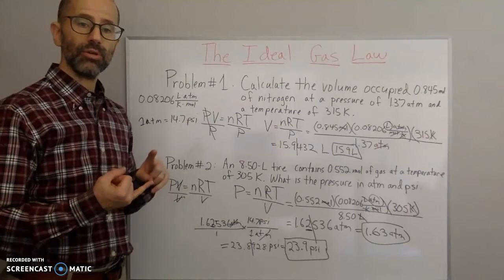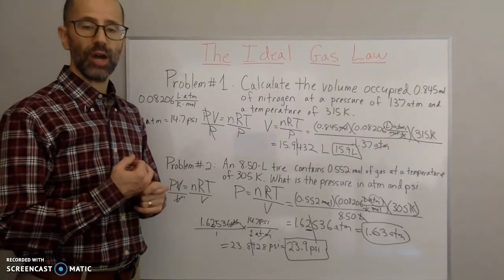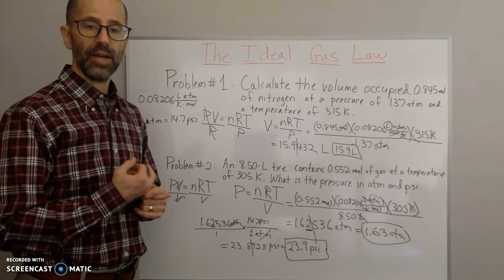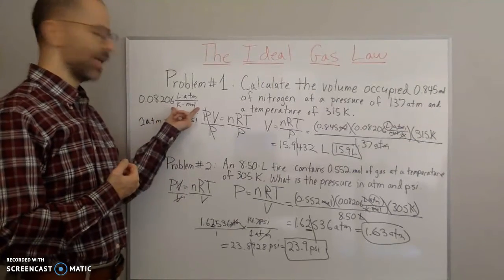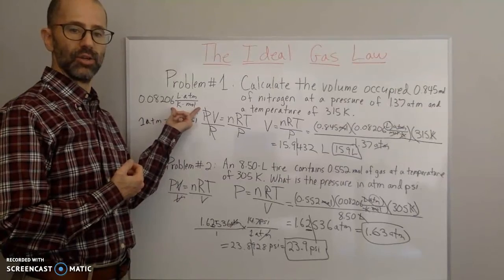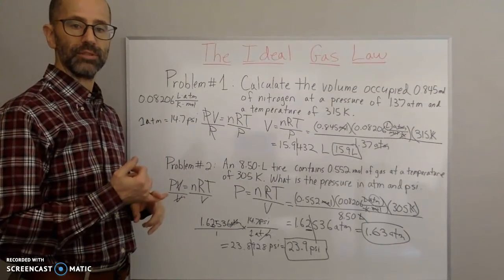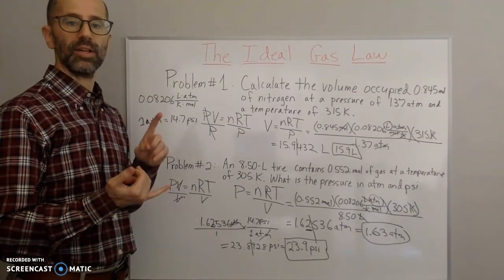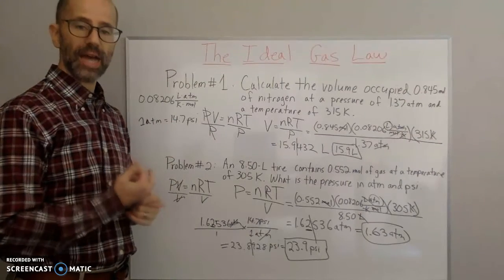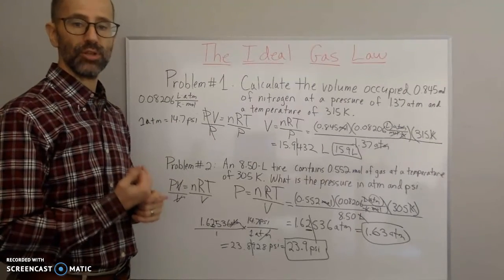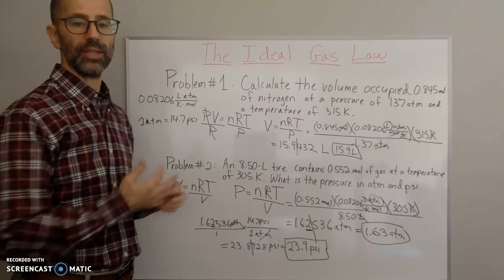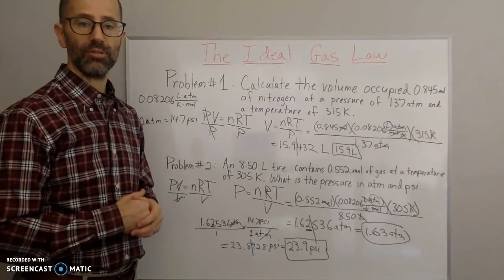But you have to make sure that the units they give you are the units that are in the ideal gas law constant. So Kelvin, atmosphere, liter, and moles. If they're not in those units, then you have to convert to those units first and then plug it into the equation and solve.